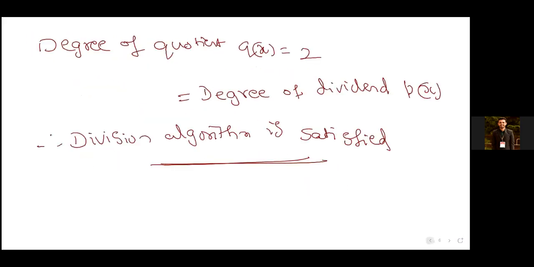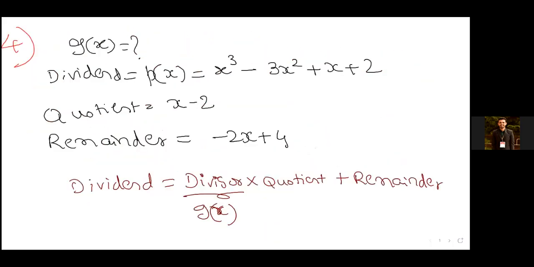So far we discussed finding zeros of polynomials, the relationship between zeros and the coefficients of the polynomial, as well as the division algorithm, or the division of polynomials, how we divide the polynomials.